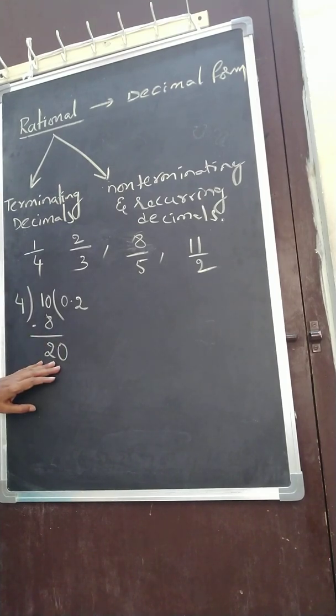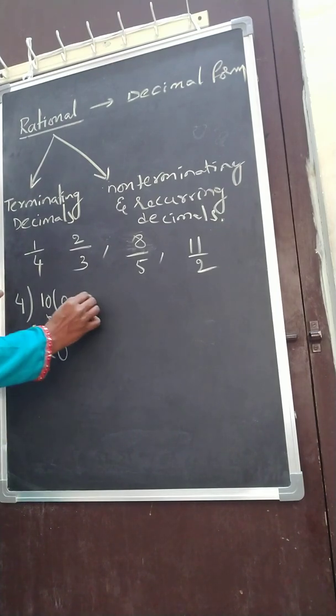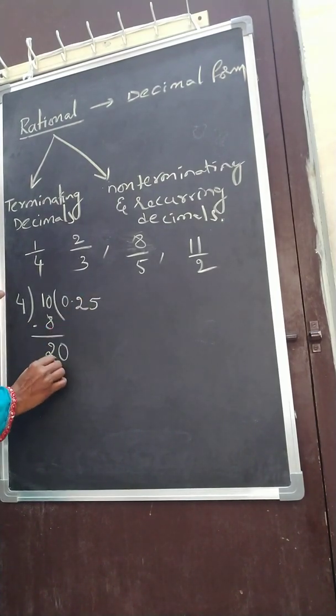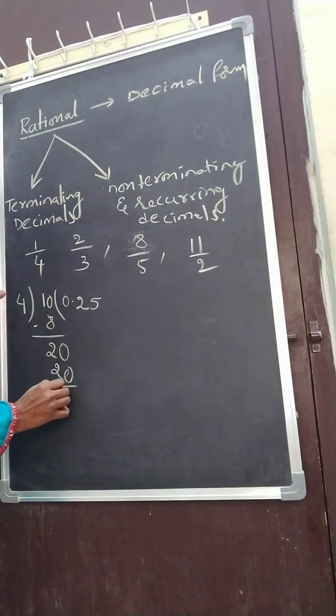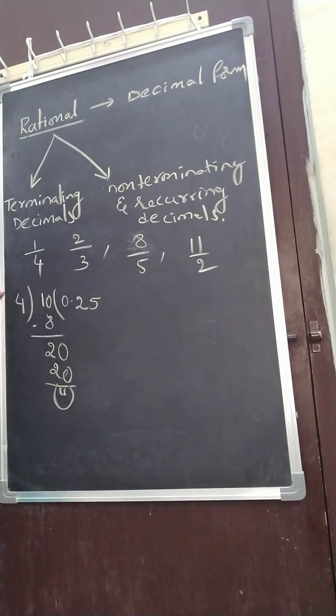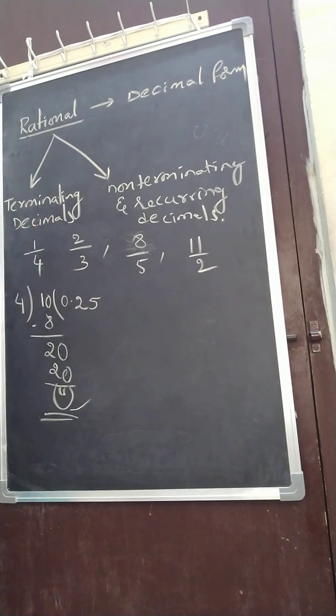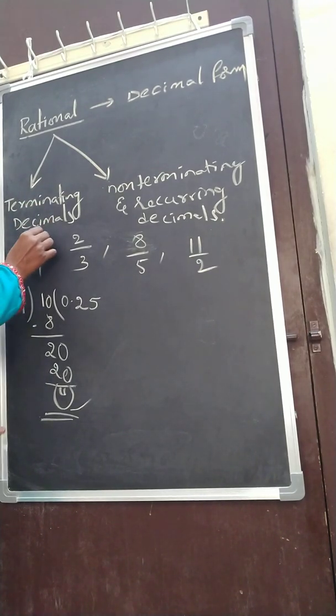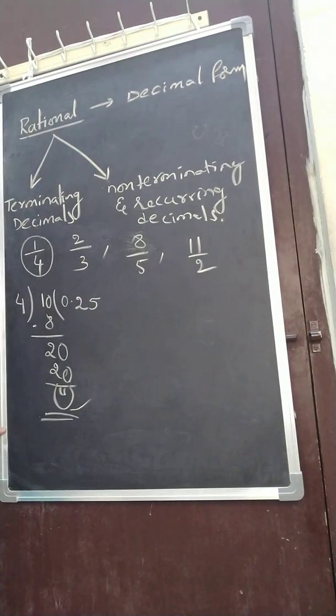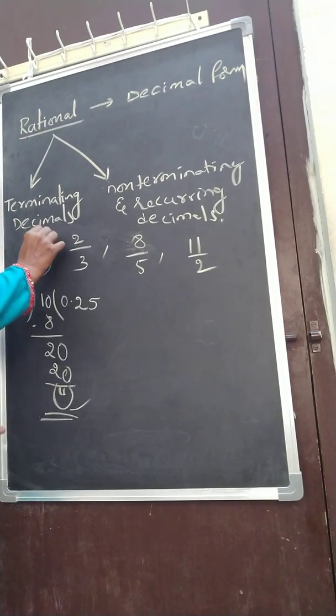Now the dividend is 20. 4 fives are 20. The remainder is 0. When the remainder is 0, the division is finished. When the division completes, such a decimal is known as a terminating decimal. So the rational number 1 by 4 is a terminating decimal.